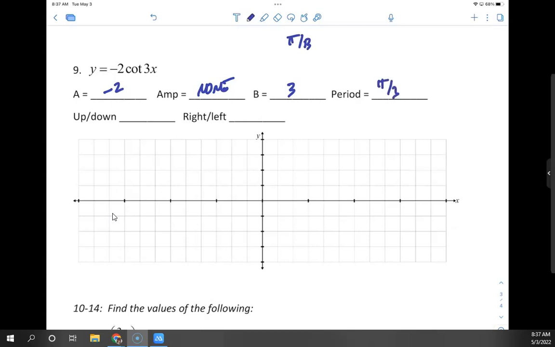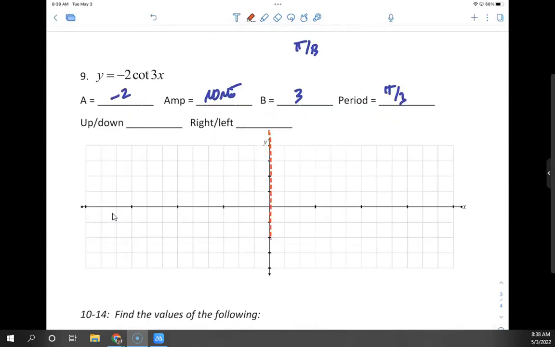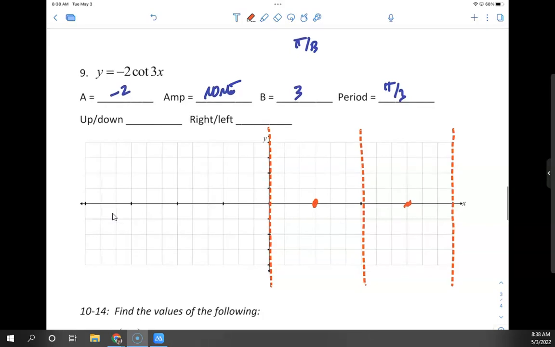Now I do this one differently. I don't start and label the ends. I decide if it's going to be an asymptote first or a point first. Since it's cotangent, there's an asymptote. So I go asymptote, point, asymptote, point. Just alternate every other one.